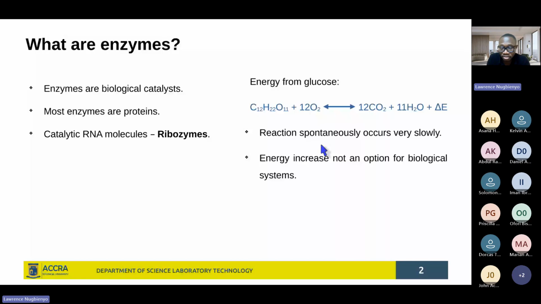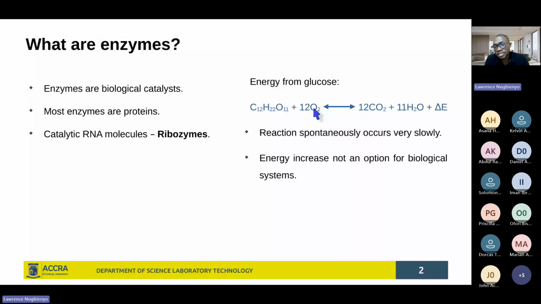So what are enzymes? First of all, let's get to know what enzymes are. The reaction which you are seeing on your screen is a common reaction that you refer to in metabolism. So this is sucrose that is undergoing metabolism. Sucrose is sugar, the common table sugar we use.